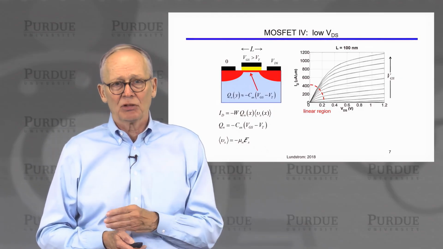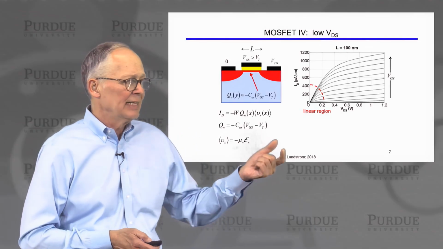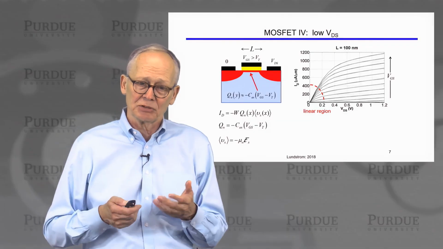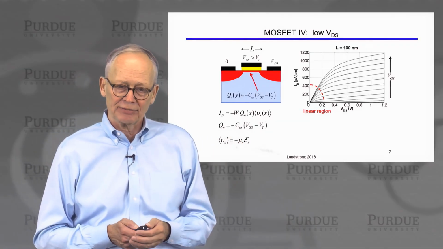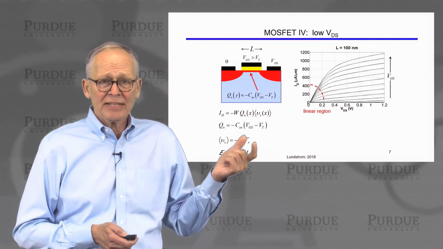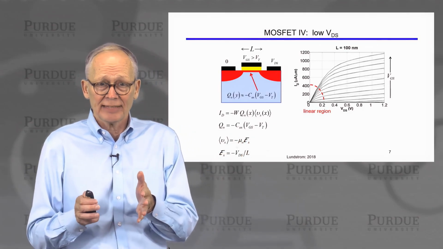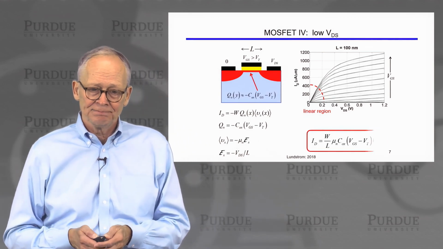It pushes electrons along at a velocity that is proportional to the electric field. The constant of proportionality is the electron mobility, a material-dependent property. So the average velocity is mobility times electric field. And the electric field is just the voltage across the channel, which is VDS, divided by the length of the channel. The units are volts per meter.